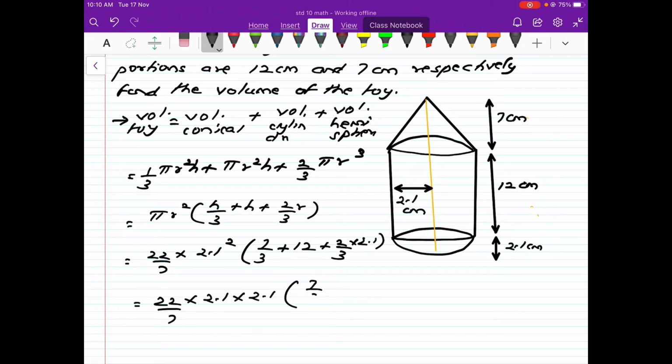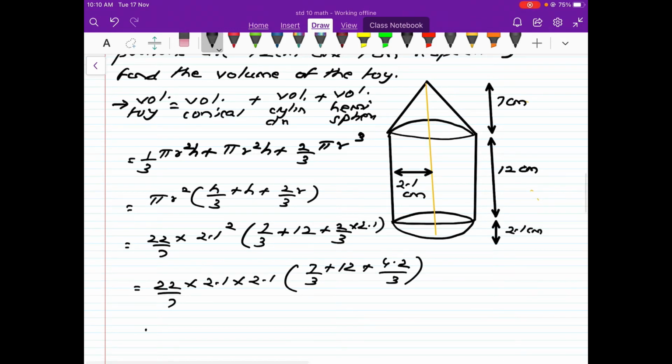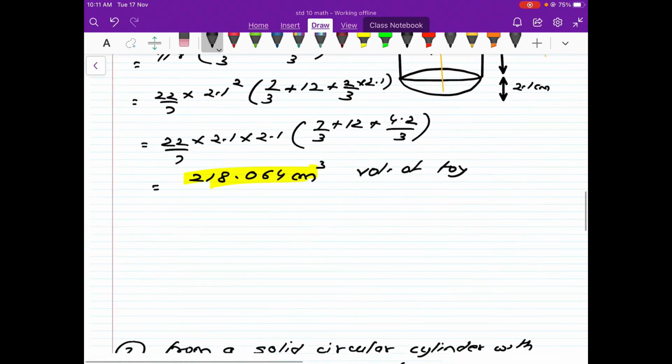Now this is 7/3 plus 12 plus 4.2/3. So when you simplify all this, we are getting 218.064 centimeter cube. So that is the required volume of the toy.